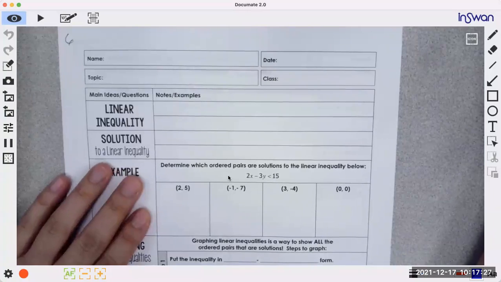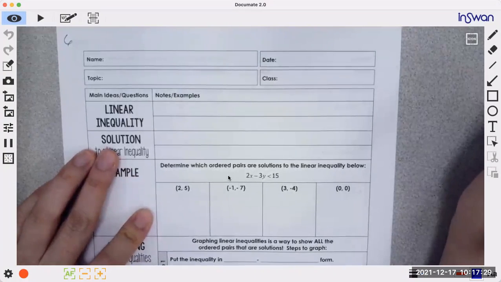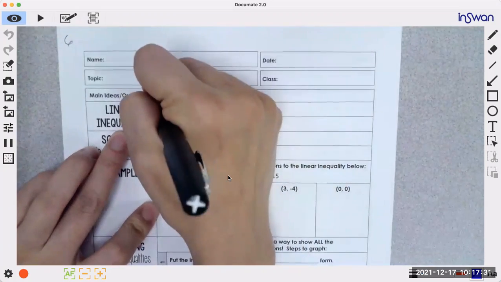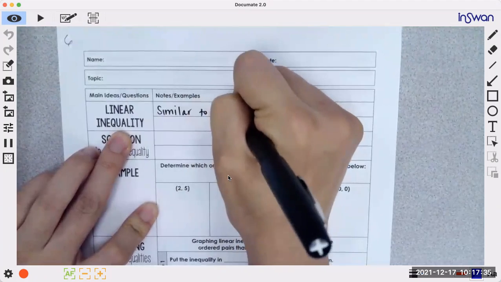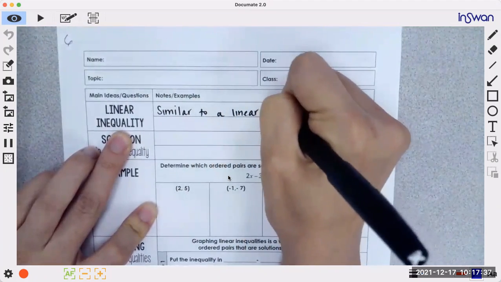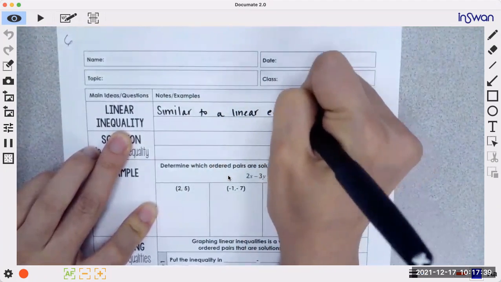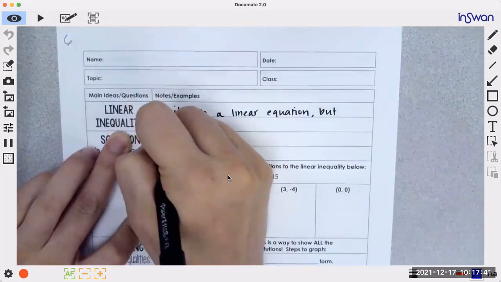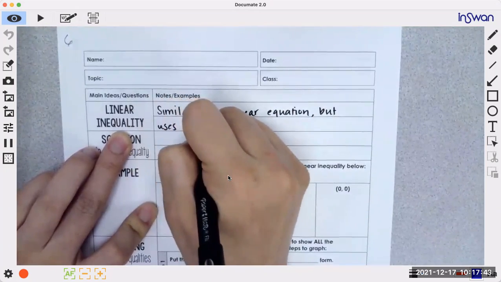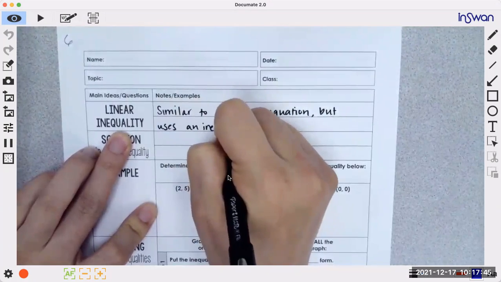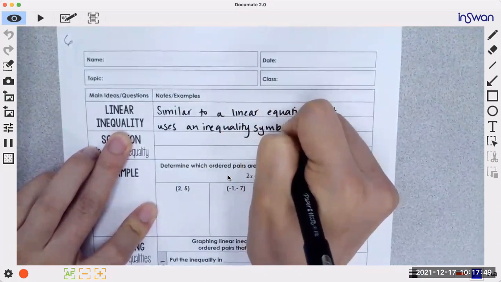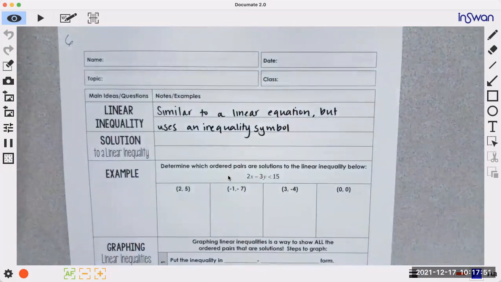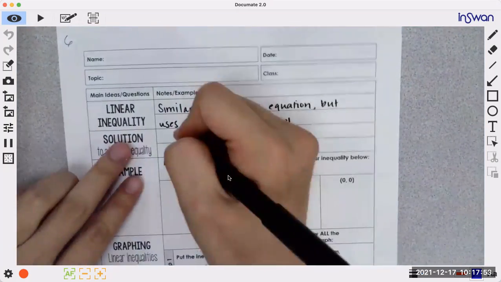So a recap from semester 1, a linear inequality is similar to a linear equation, but it uses an inequality symbol to represent that the answer is more than just one thing.